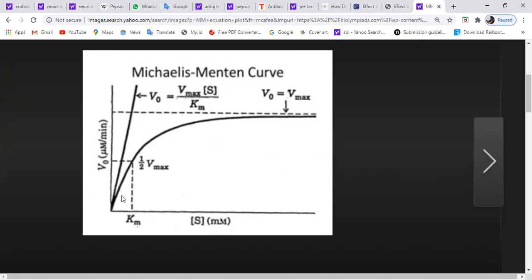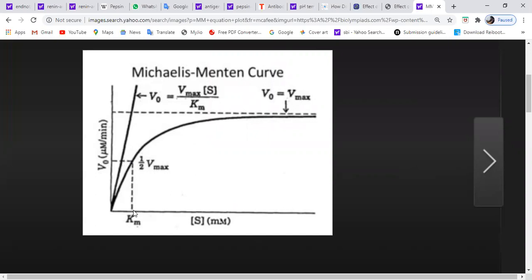So first of all, this is for an enzyme which will follow the Michaelis-Menten equation. Most of the enzymes, including the DNA enzymes, will follow this equation, this curve. If you find the point where this velocity is half V maximum, you will draw a line like this, and then you will draw a perpendicular line.